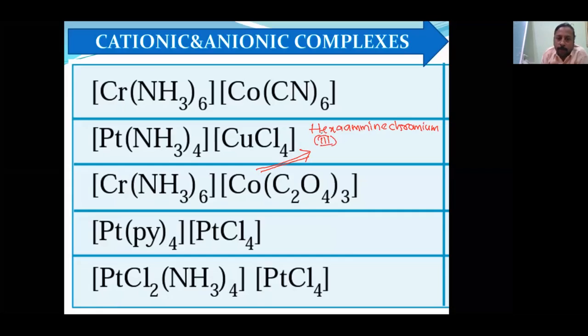If you don't know, remember chromium 3. So this is completed. Now let us start with this one. 3 is there, so it will be tri. C2O4 name is oxalato. Then cobaltate. This will be cobaltate because it is on the right hand side, and oxidation number will be 3. There is no charge, so there is no need to write ion now.